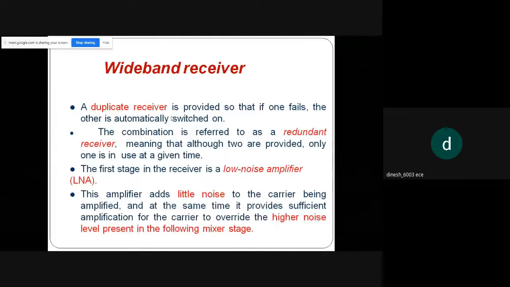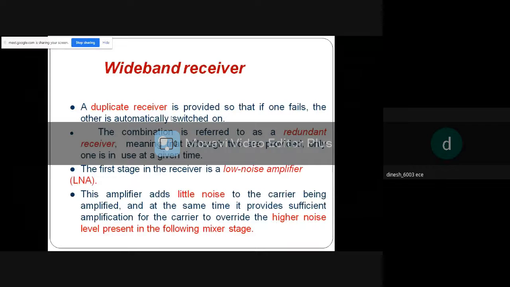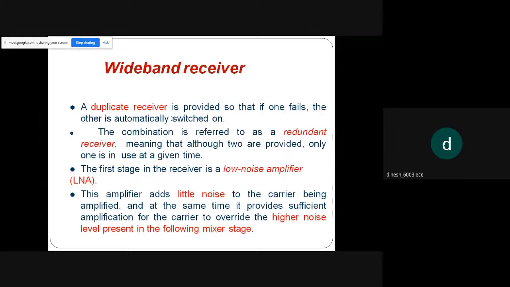The duplicate receiver is provided such that if one receiver fails, automatically the other receiver will switch on. Okay. So this combination is referred to as a redundant receiver, meaning that although two receivers are provided, only one will be used at a time.